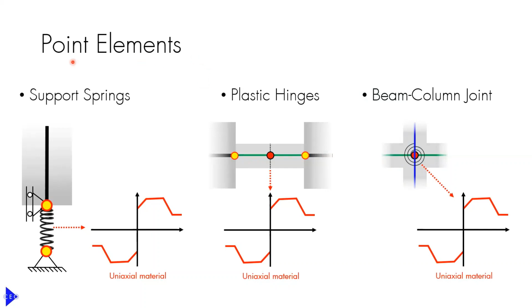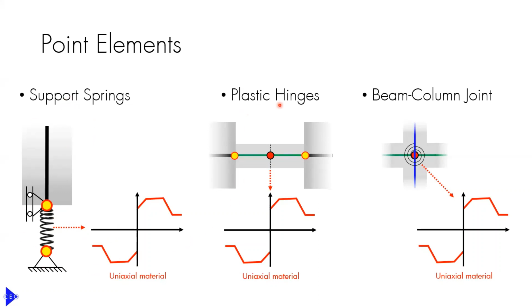For example, for point elements, we have these three options currently available. We have support spring, say if you want to do something like this, and then you want to define a nonlinear material. For example, if you want to use this for soil spring with zero tension capacity, you can use an appropriate nonlinear material, and then you will get that. So this is one application of this support spring.